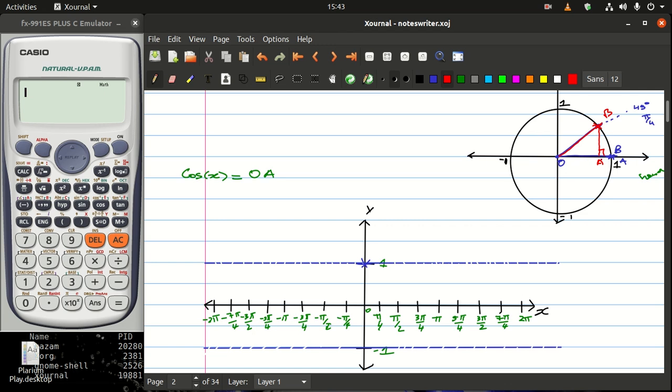The length of OA is less than 1, so it is below this line there. The length of OA is still positive, still bigger than 0, so it is still above 0. 0 is the horizontal axis or the x-axis. So when we are here, it is somewhere there in the middle.